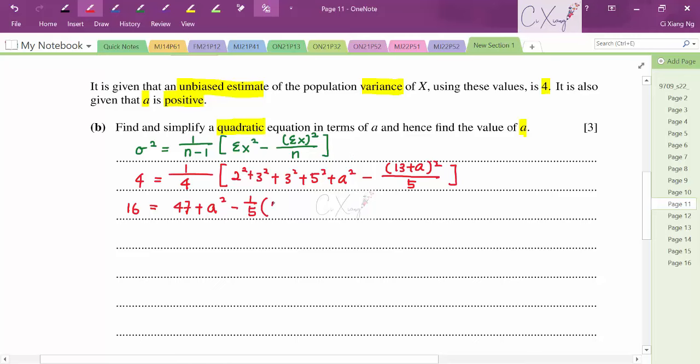When I expand 13 plus a squared, I have 169 plus 26a plus a squared. Then again, to form a quadratic equation, I multiply the whole equation by 5 so that the denominator disappears. Multiply 16 by 5, I get 80. 47 multiplied by 5, I get 235, and so on.